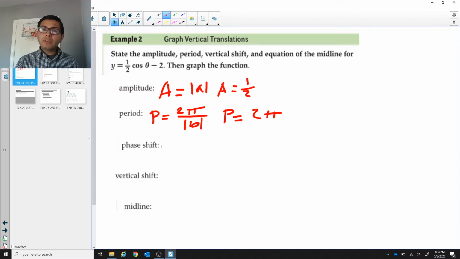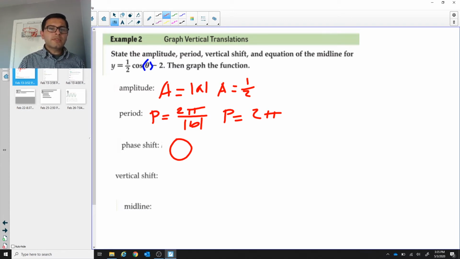That -2 is on the outside of whatever's happening with that cosine. I would even put parentheses around the theta itself. Now you can definitely see that the cosine is only acting on the theta, and then the -2 is on the outside of that. So phase shift, we're going to say 0. There is no phase shift.